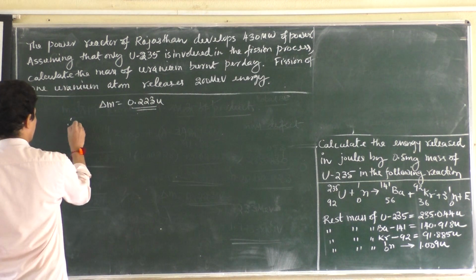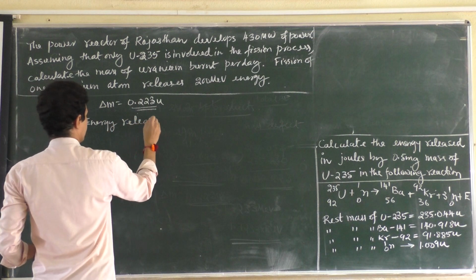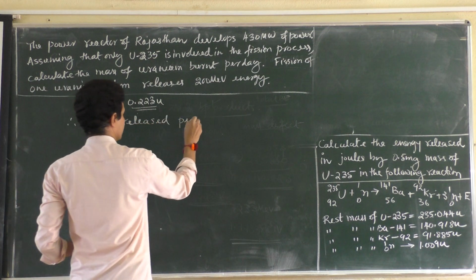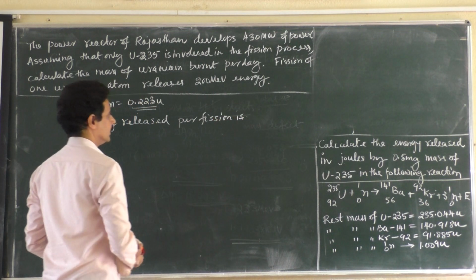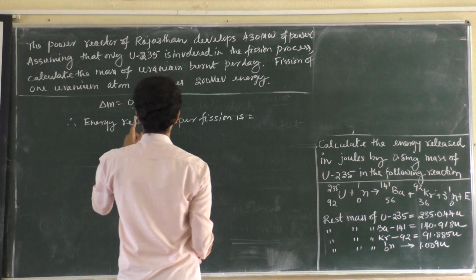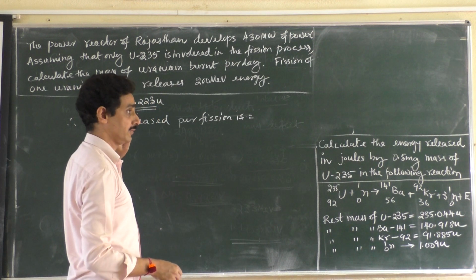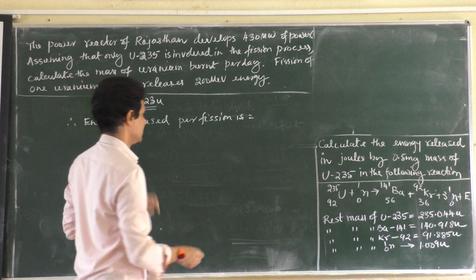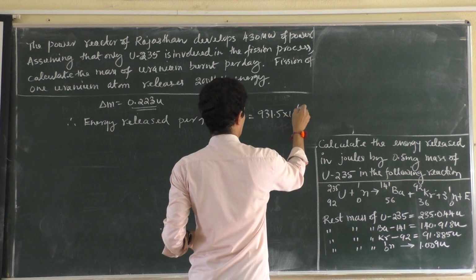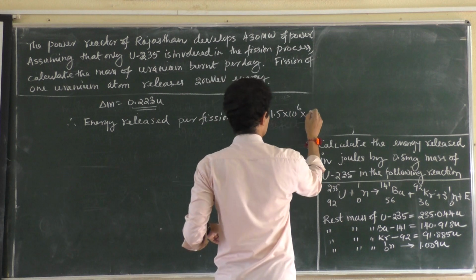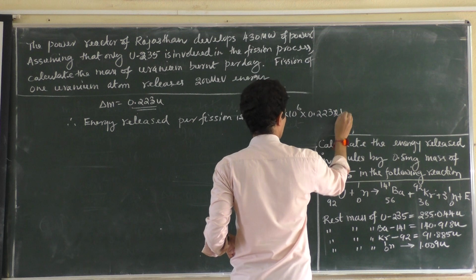Therefore, energy released per fission is equal to: 1 atomic mass unit gives 931.5 million electron volt of energy. What about this one? 931.5 million electron volt into 0.223, in so many electron volts.